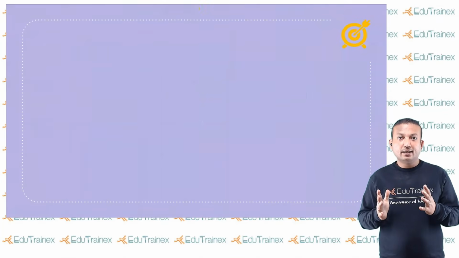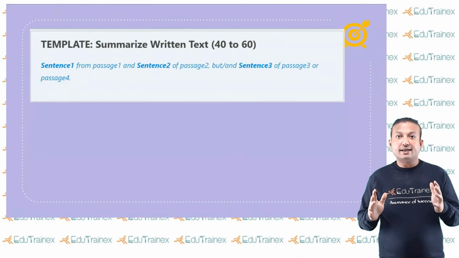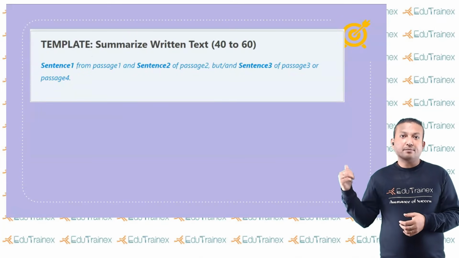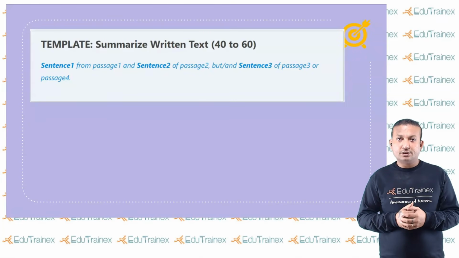Now, the next template that I am going to show you is not something I would recommend, but I know that some test takers are really struggling with their writing skills or they don't have enough time or guidance to improve on them. So this template relies on copy and pasting from the given text, which is why it won't get you to a very high score.